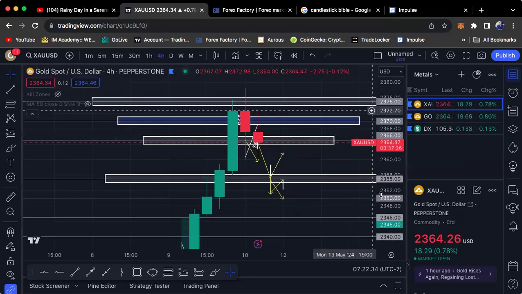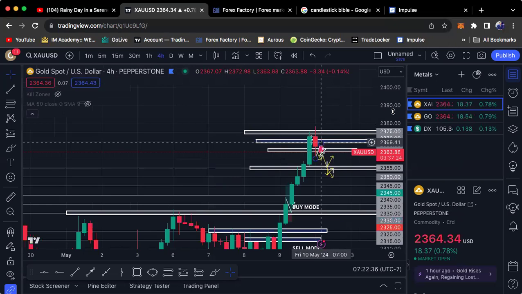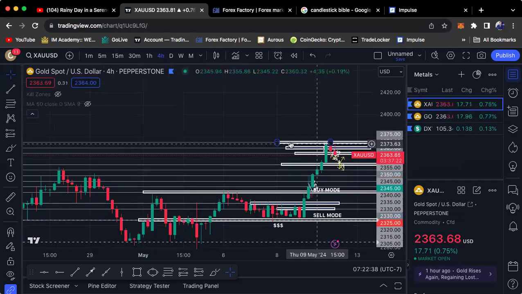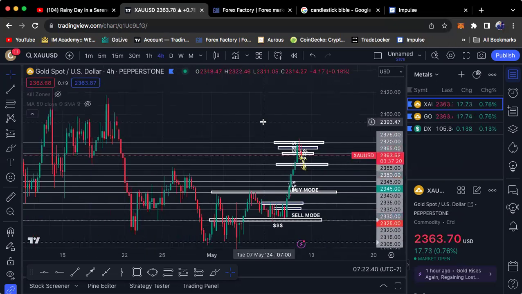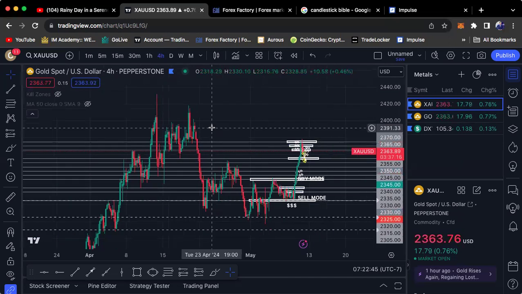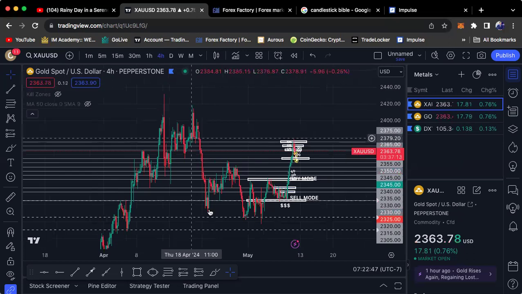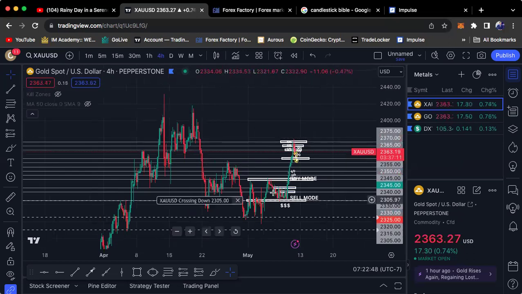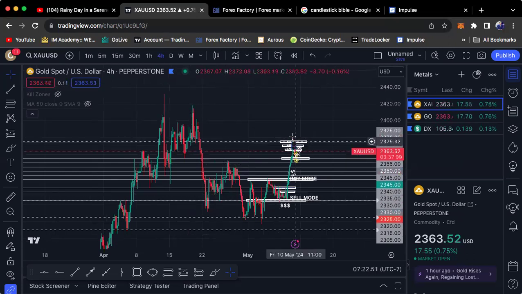Because it's been on a buy for quite a while. And then looking at the overall picture, price is trending, broke above.